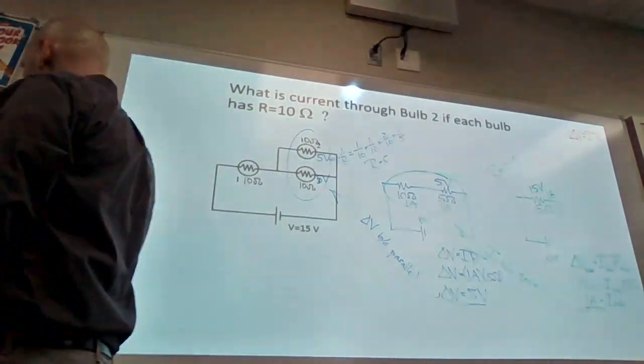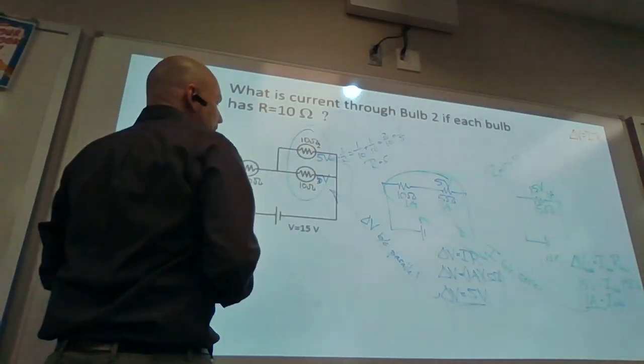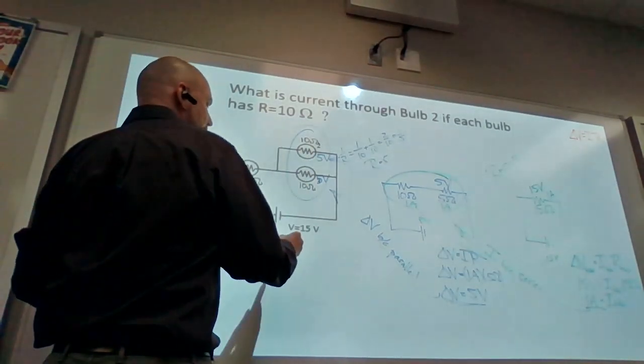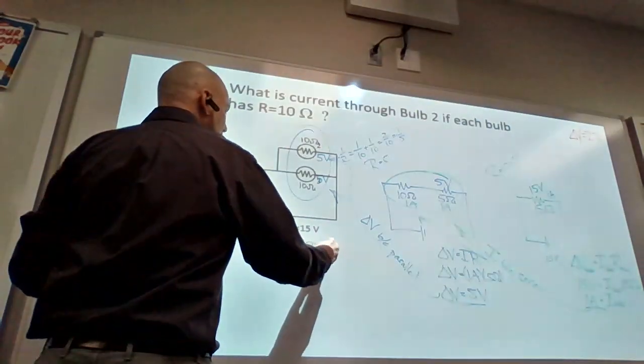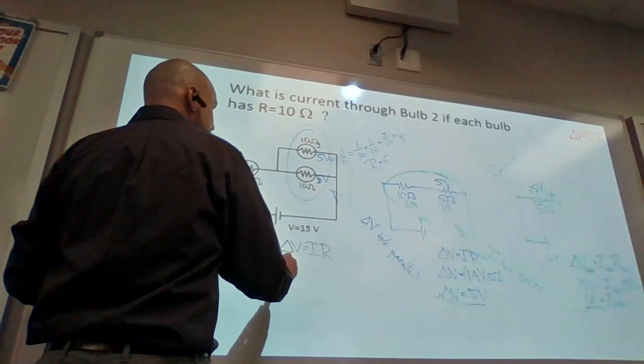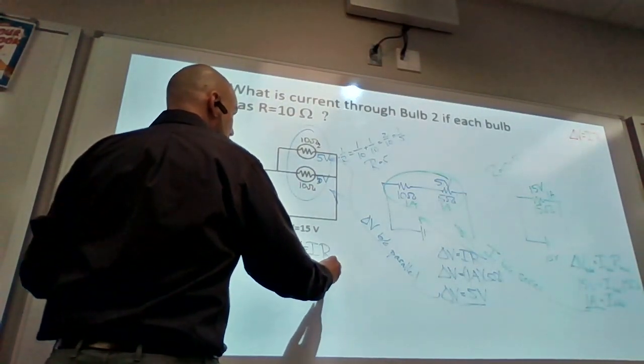Now, I'm at the point where I can find the current in light bulb 2. So I have the volts, I've got the resistance. All I'm missing is the current.